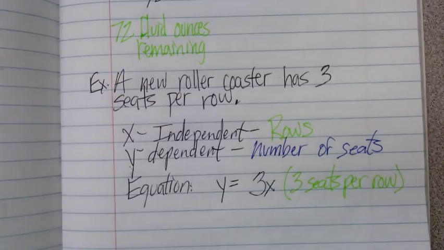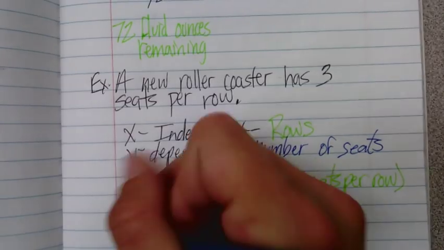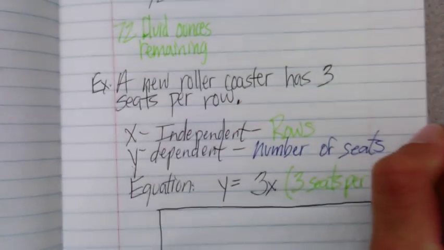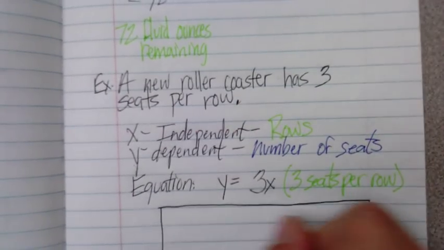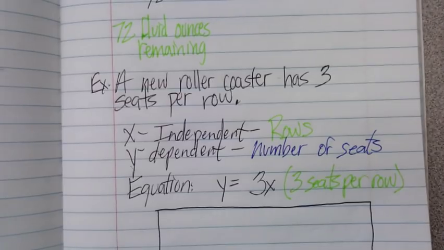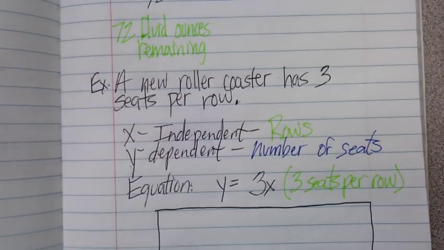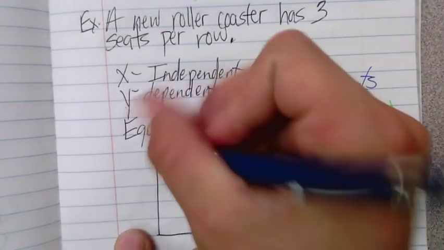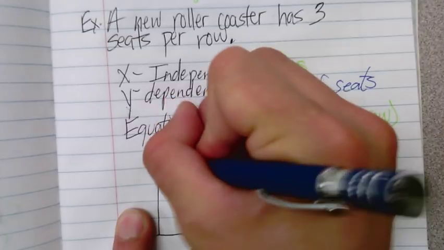So, and that's what we're going to look at in our chart, our data table here. You have your x and y, and then your ordered pair. So you want a 3-column table. I have my x, or my rows, right?